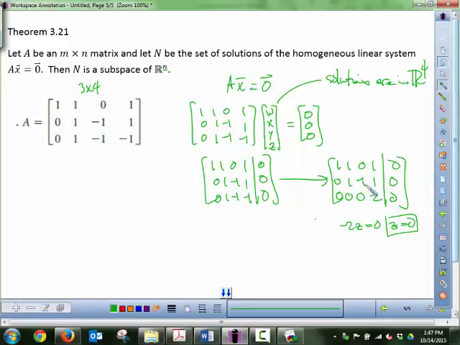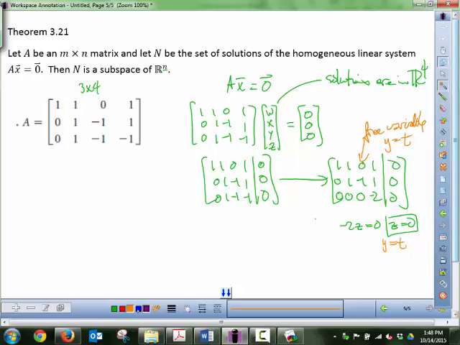And now we have a free variable, because we have that extra space here. So what's the one before the z? The y is a free variable. And so we have z is equal to 0. We'll set y equal to t.